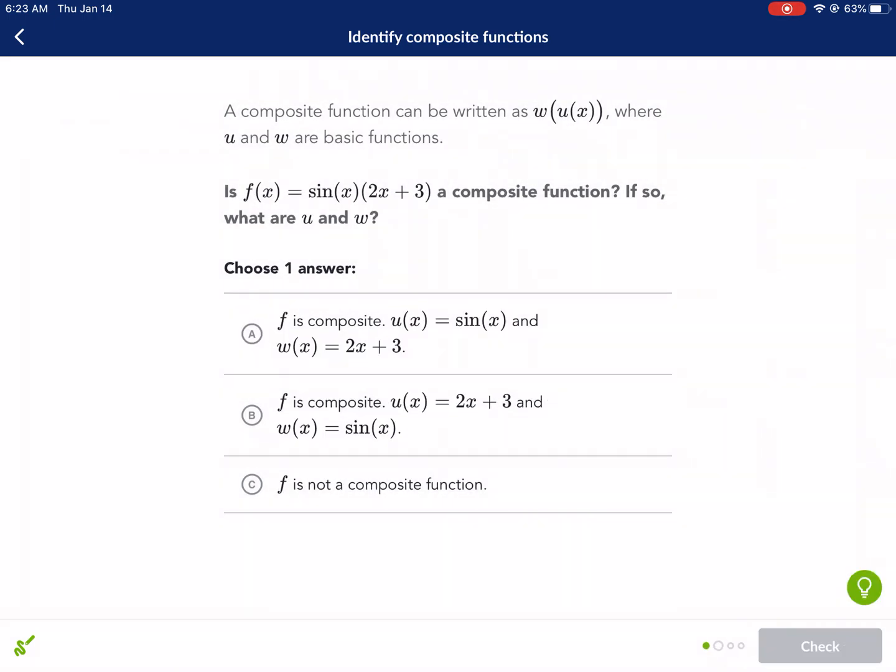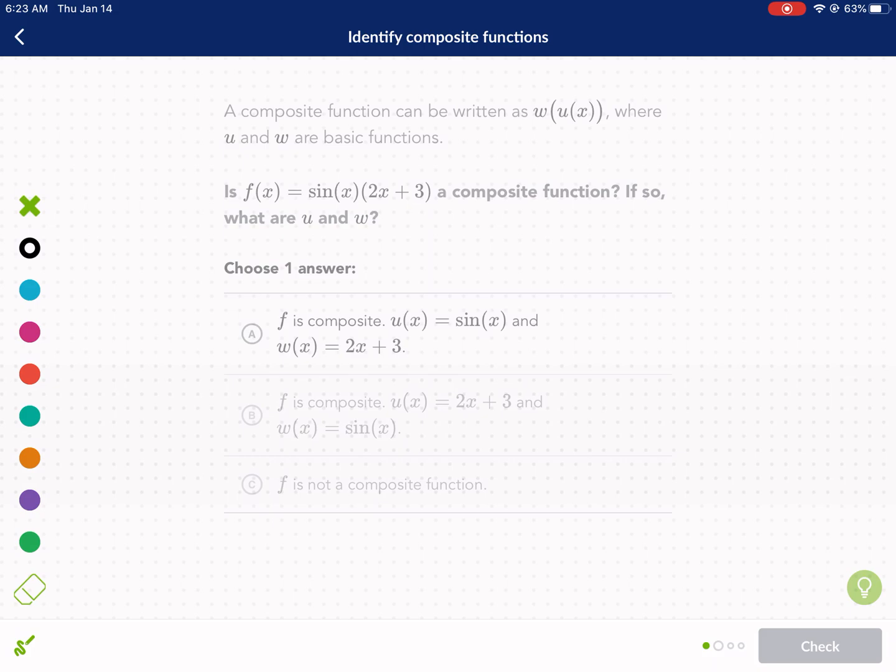A composite function can be written as w of u of x, so it's just giving an idea of what that is. Is f of x equals sine of x times 2x plus 3 a composite function? If so, what are u and w? This one's a little bit more complicated, but it looks like it's just doing some multiplication here.